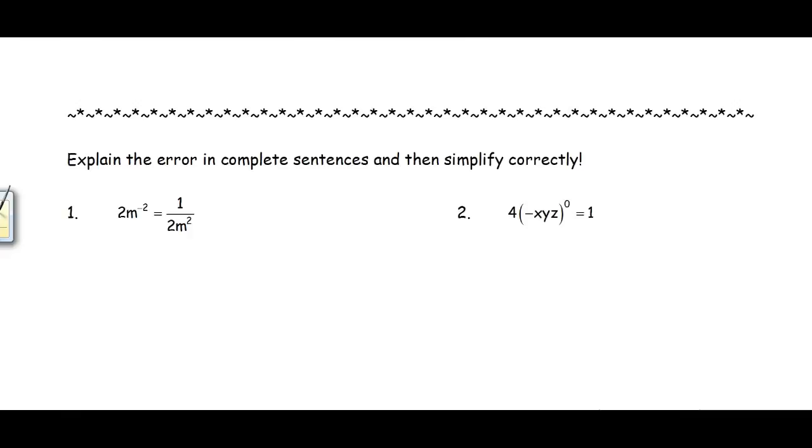Okay, explain the error in complete sentences, then simplify correctly. So what we're going to go ahead and do is rewrite the problem, then solve on our own. So here we just know m to the negative 2 is going to move to the bottom, or our denominator, of our fraction. We get 2 over m squared. So what did they do in the first problem? Okay, they took the entire thing and moved it to the denominator. So that's what we're going to do.